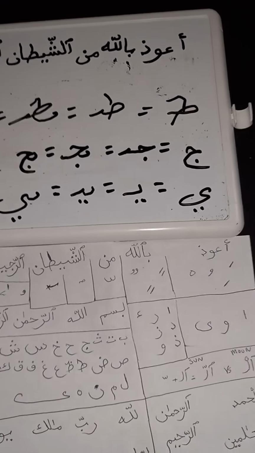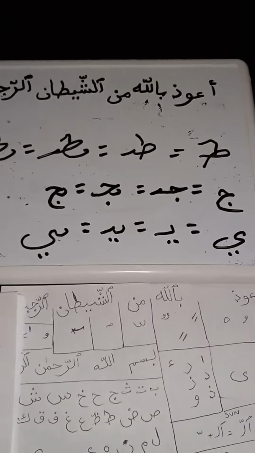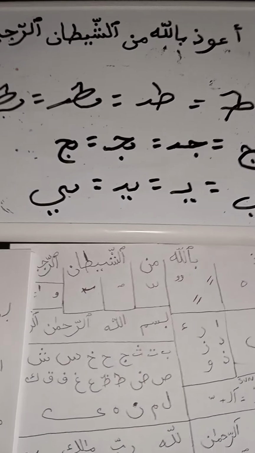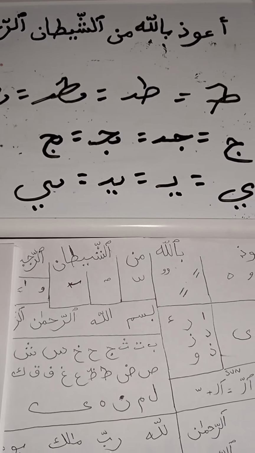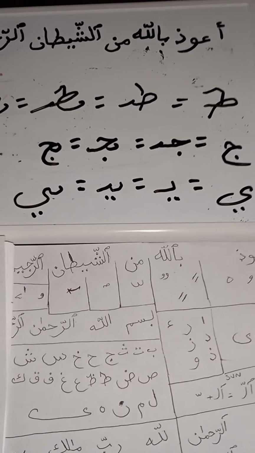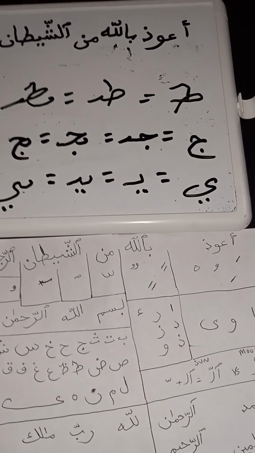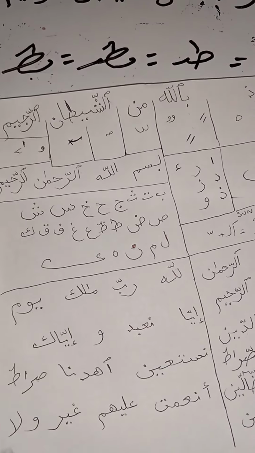Now we're going to go to some of the words on the next page, right here. We went through all these letters yesterday on the prior video. So what we're going to do now is take the smallest words, as we said yesterday, and start putting the haraka on them.